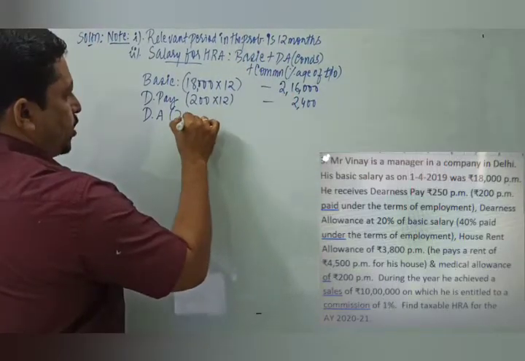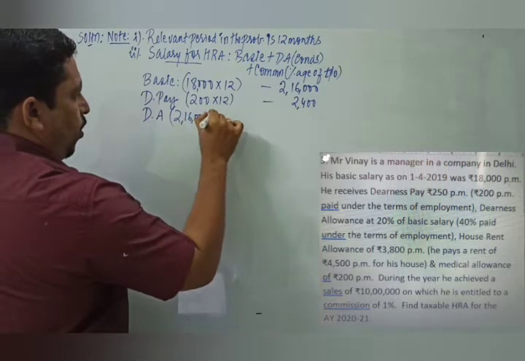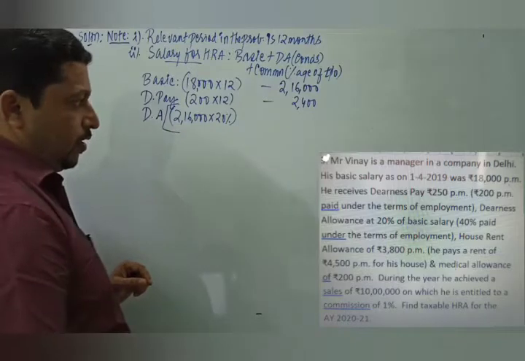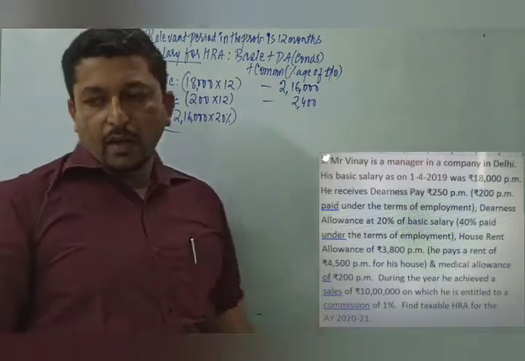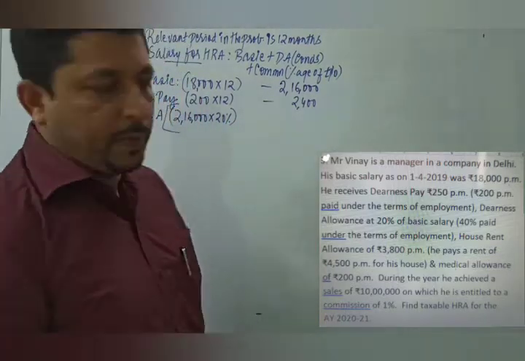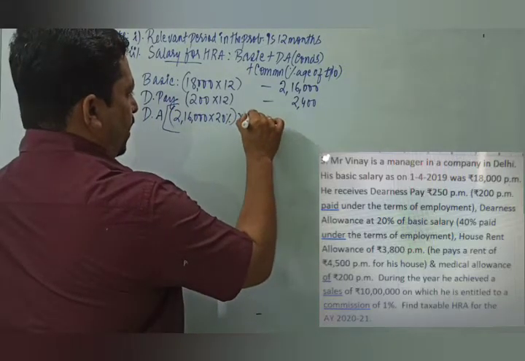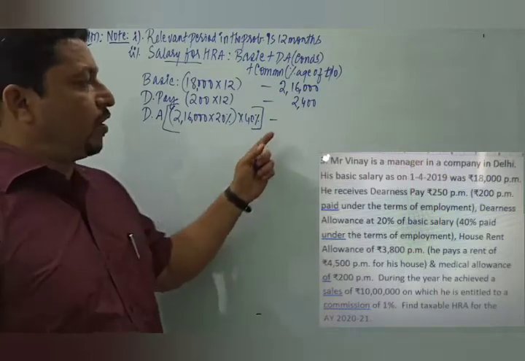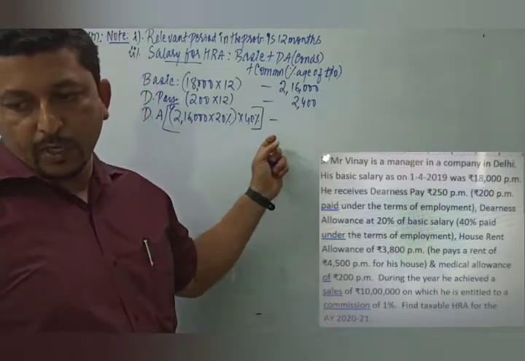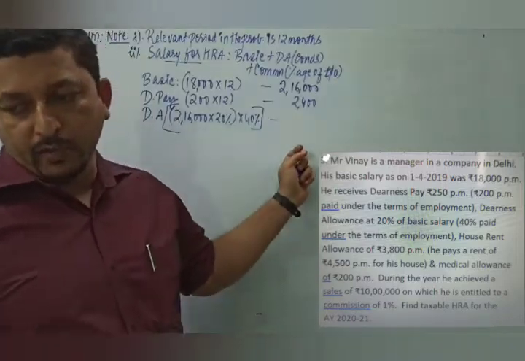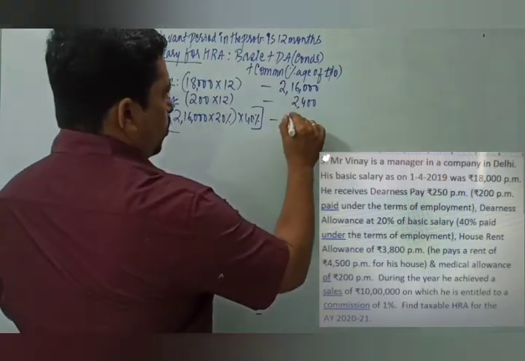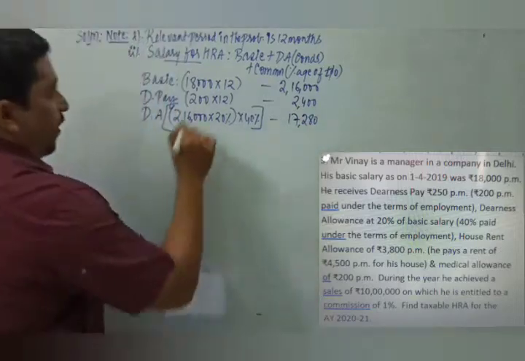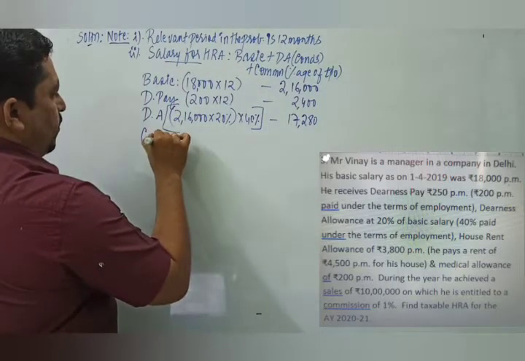So basic salary is 2,16,000. Of that, 20% will give you the DA amount. And of the DA, only 40% is included for retirement benefits. So 2,16,000 into 20% into 40% works out to 17,280.